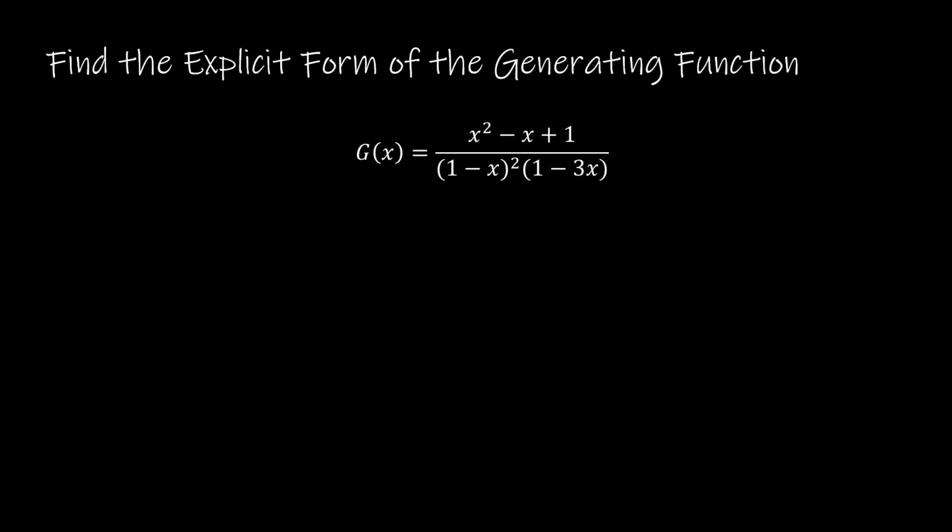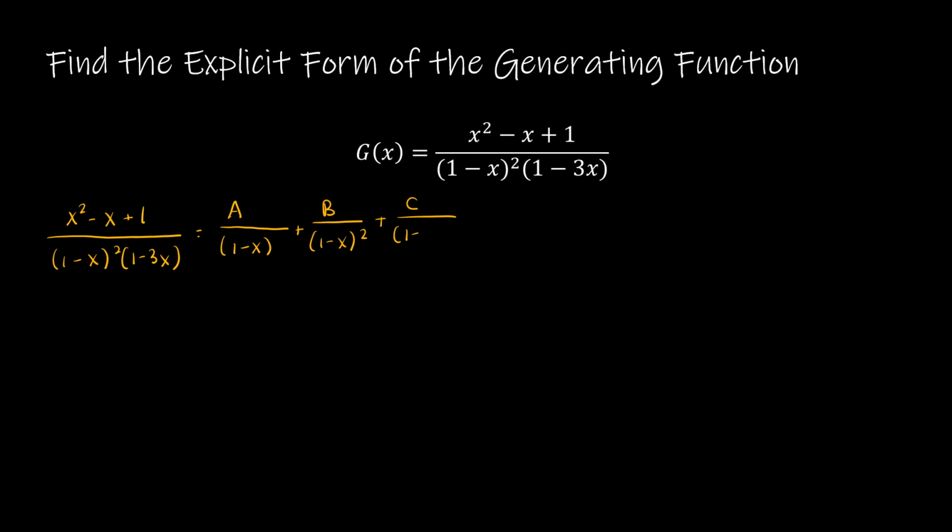So I'm going to write x squared minus x plus 1 over 1 minus x quantity squared, 1 minus 3x, is equal to, and this is where I use my A, 1 minus x, my B, 1 minus x quantity squared, because we have that double root there, and then plus C, 1 minus 3x.